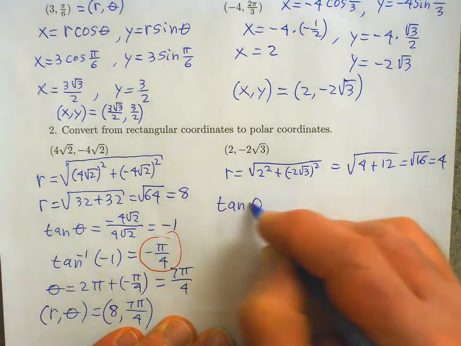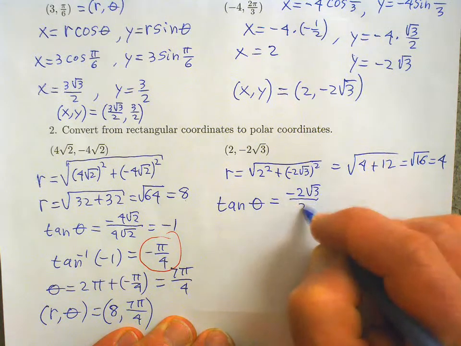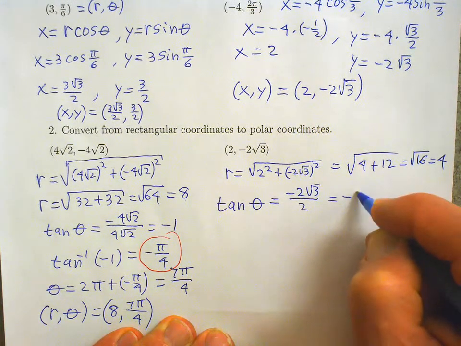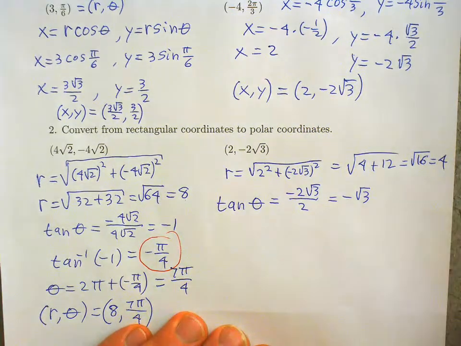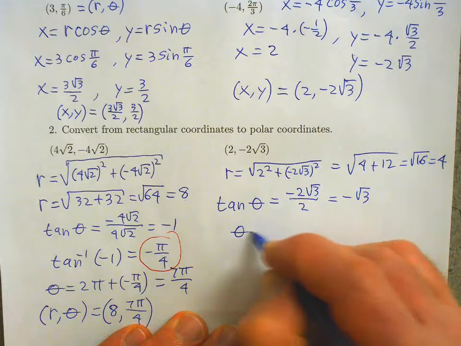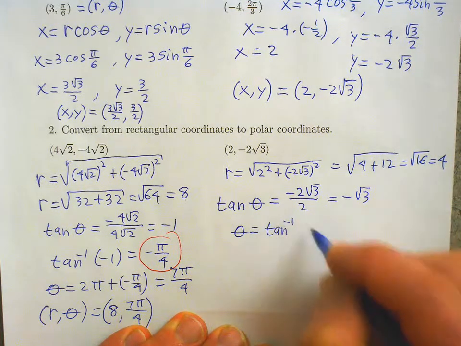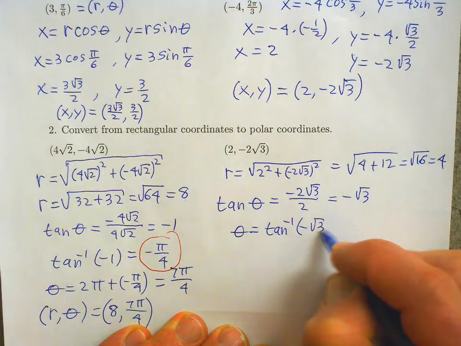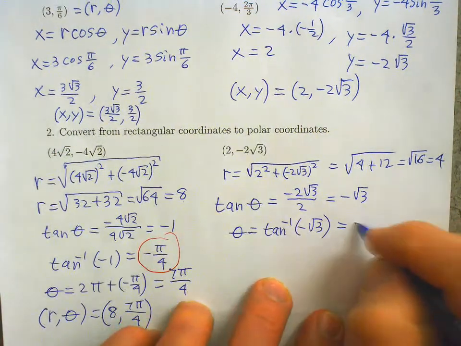Tangent of theta is negative 2 times the square root of 3 over 2, or negative square root of 3. So the inverse tangent of negative square root of 3 is negative pi over 3.